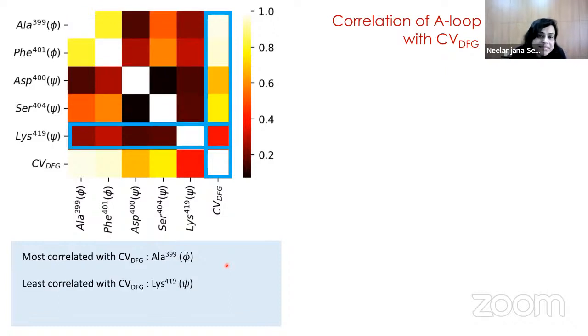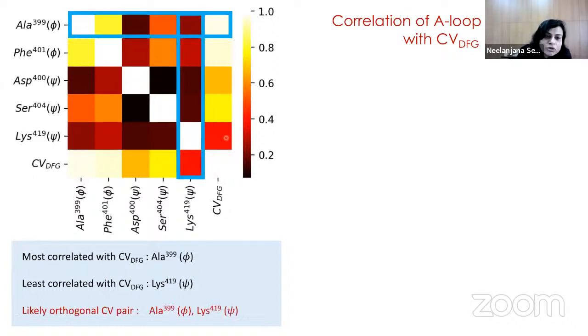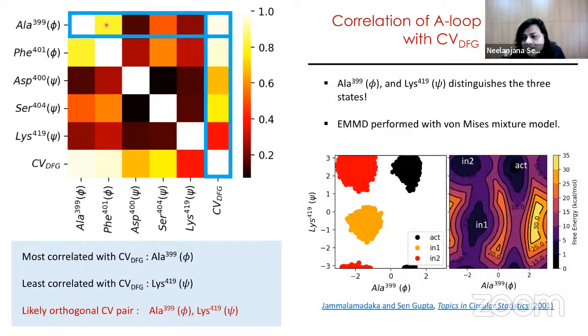And lysine 419 is much less correlated with CVDFG. So it's possible that these two themselves could be a combination which would map out the conformational space of this protein. And it turns out that that guess may not be a very bad idea.